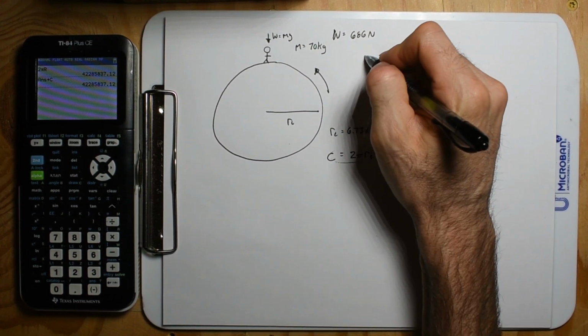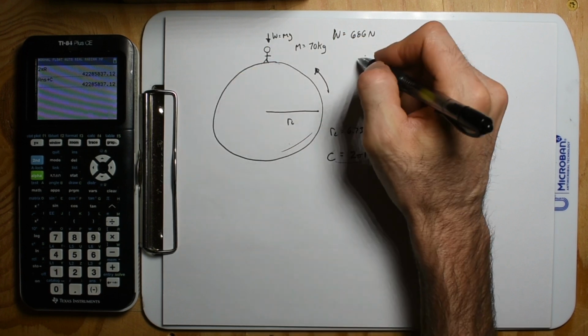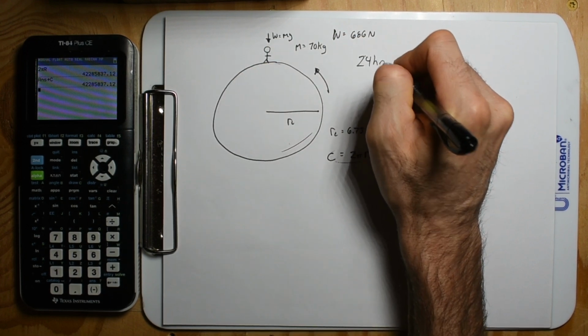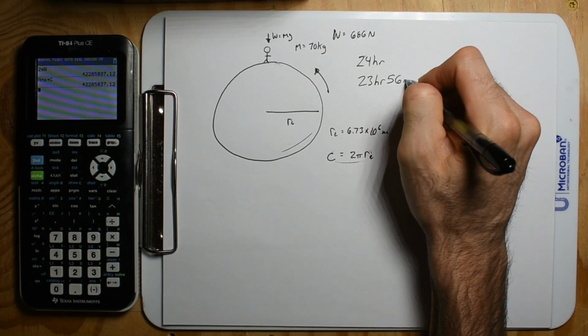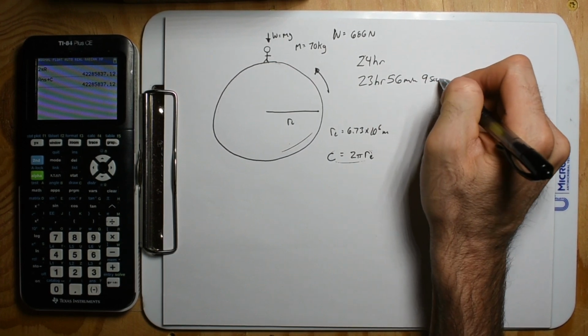And then we want to know how fast the Earth rotates. It's not a 24-hour day. It's 23 hours and 56 minutes and 4 seconds. Cool.